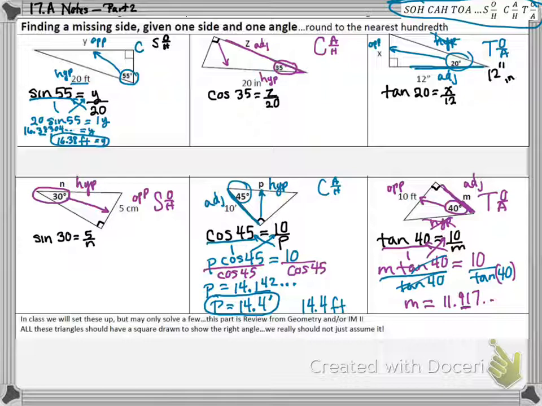So instead of writing 11.91, I'm going to write 11.92. It's that 7 that makes my deciding factor. Original problem had feet. I'm writing it down with feet. And there's my answer. Pause it if you need to look at what we just did.